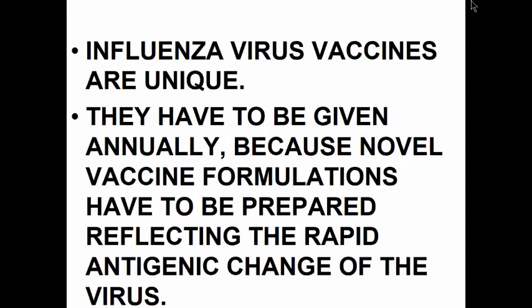So all of this makes it very difficult. Again, let me stress that influenza virus vaccines are unique, and they have to be given annually because, as I said, there is a lot of antigenic change.